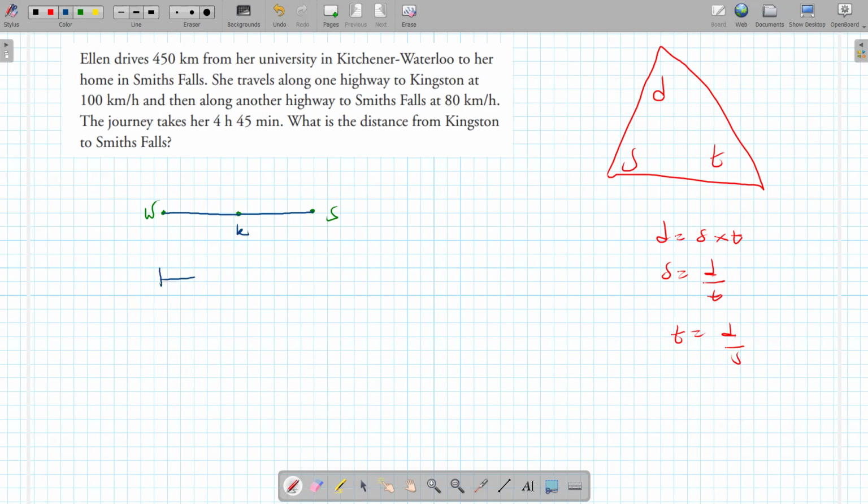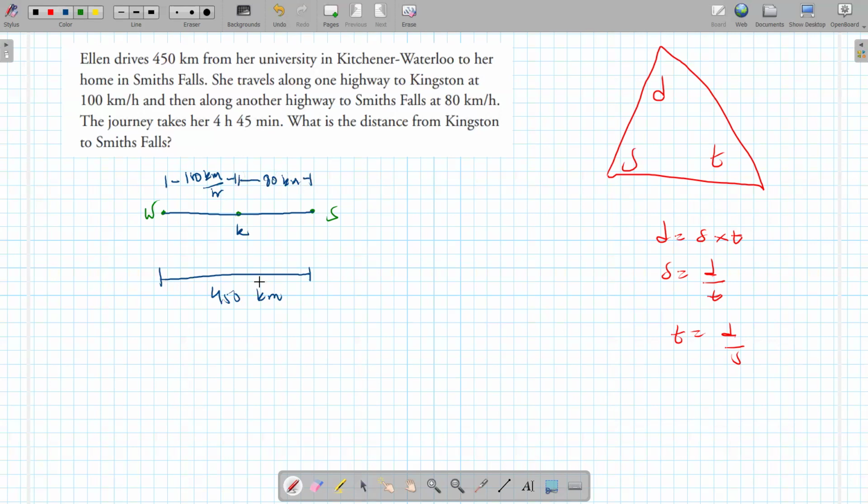The total distance is 450 kilometers. That's the distance. On the first highway, her speed is 100 kilometers per hour. On the second highway, her speed is 80 kilometers per hour.